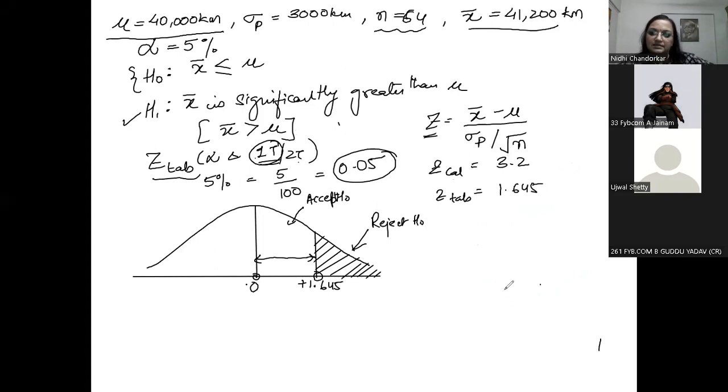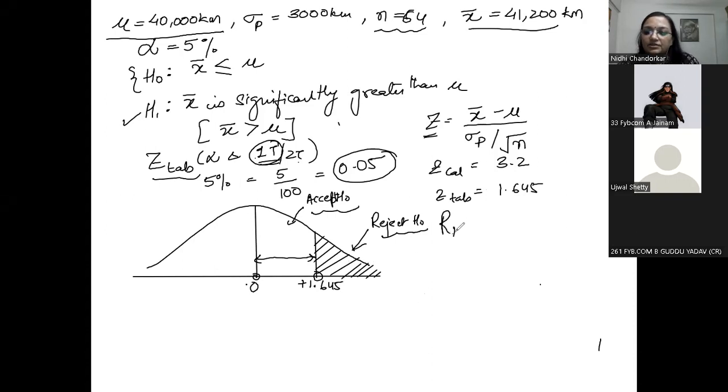Now, guys, can you tell me, would we be rejecting the null hypothesis or accepting the null hypothesis? Any idea? We will be rejecting because the table value is lesser than the calculated value.